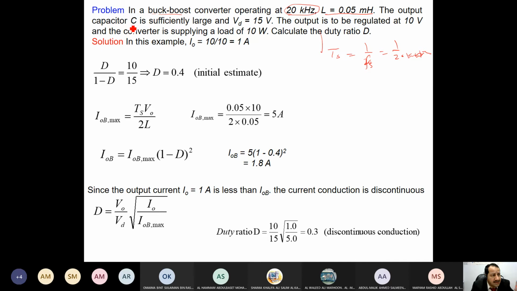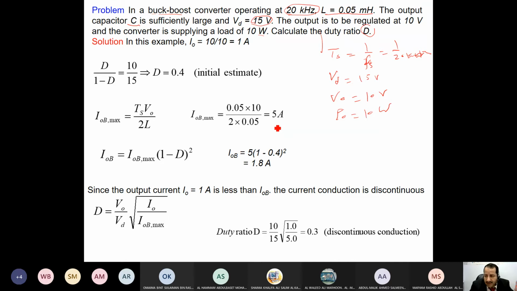Output capacitor C is sufficiently large, and VD, which is the input voltage, is 15 volt. The output is to be regulated at 10 volt, so V out is 10 volt, and the converter is supplying a load of 10 watt. PO is 10 watt. Calculate the duty ratio.